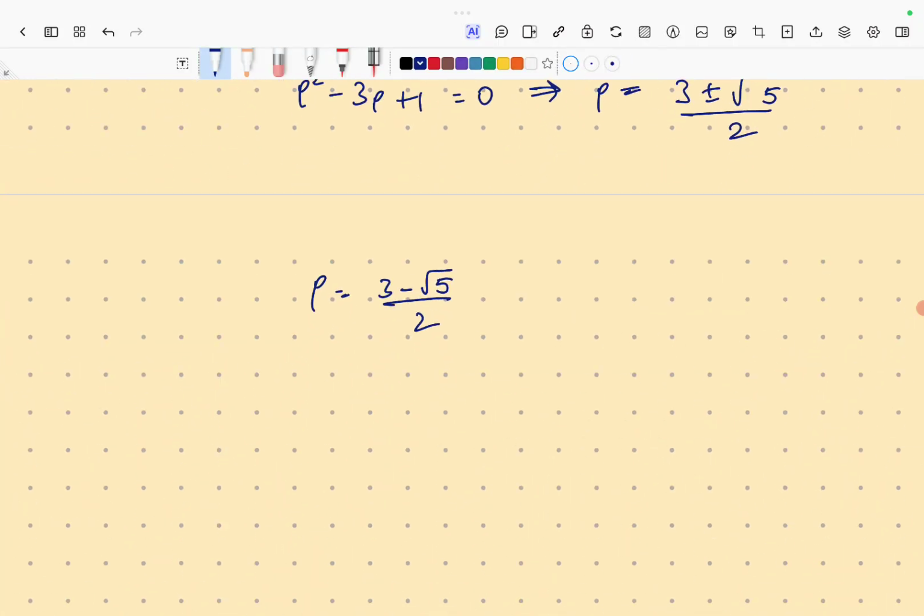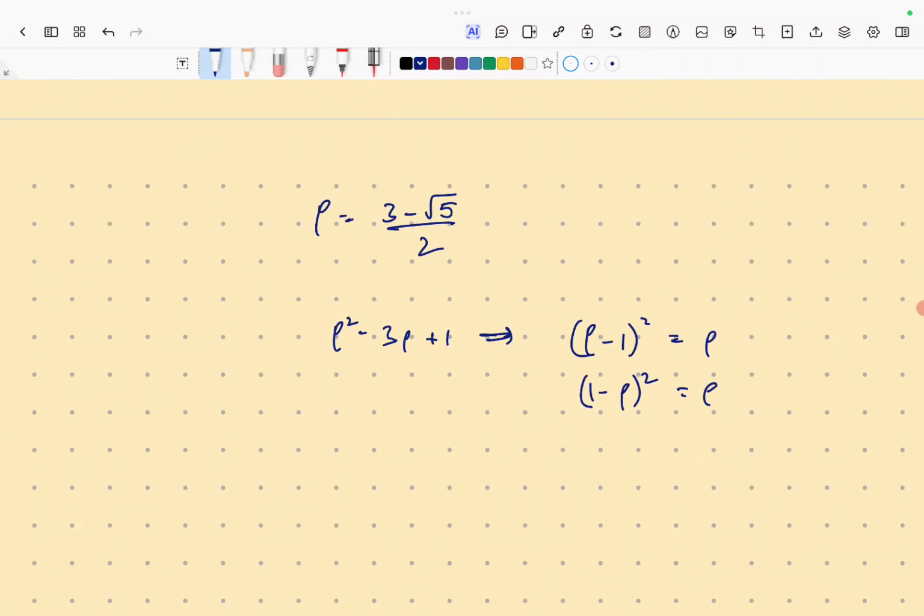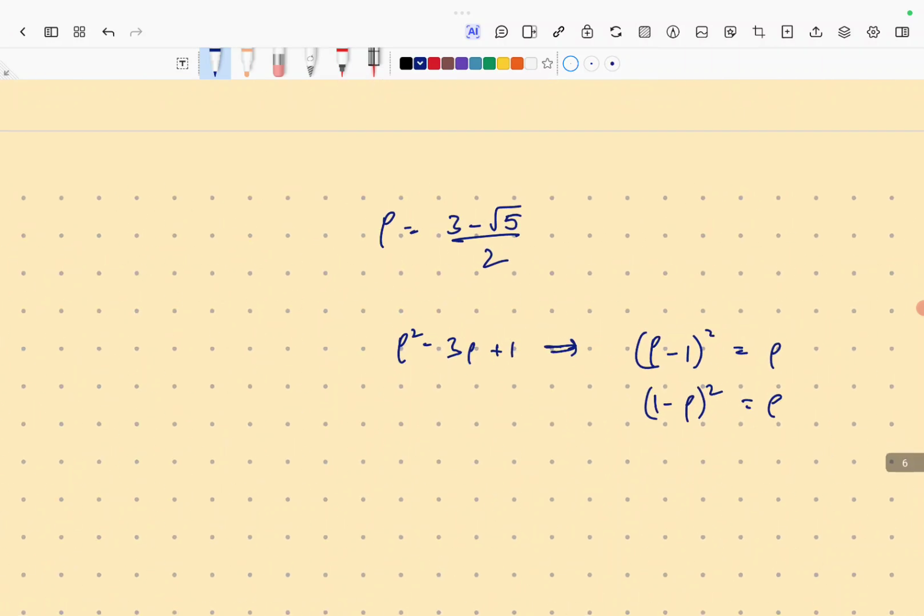I have rho square minus 3 rho plus 1, or 1 minus rho the whole square equal to rho, or 1 minus rho equal to rho by 1 minus rho.